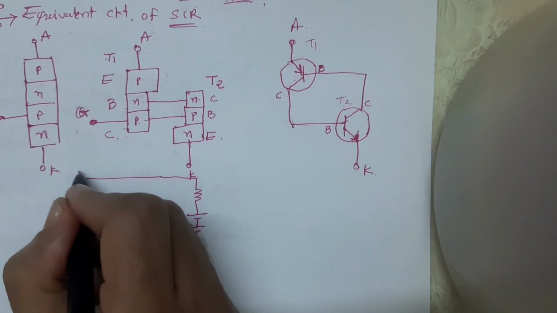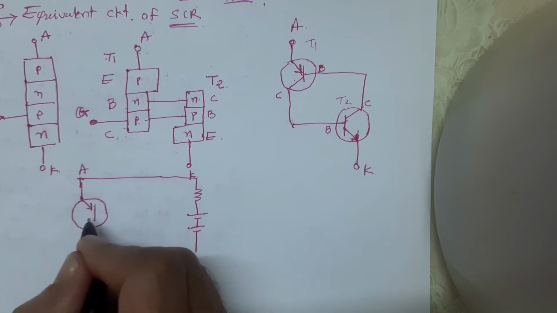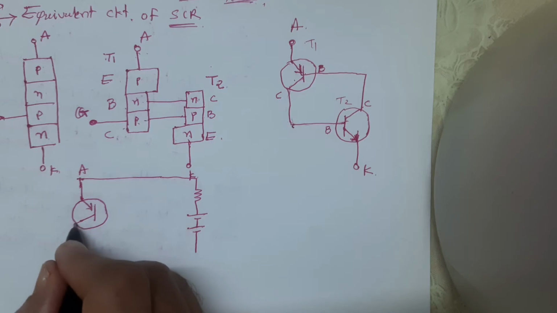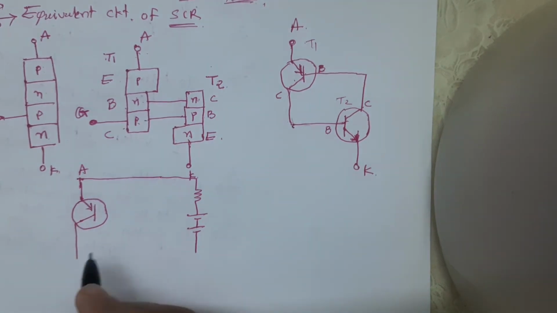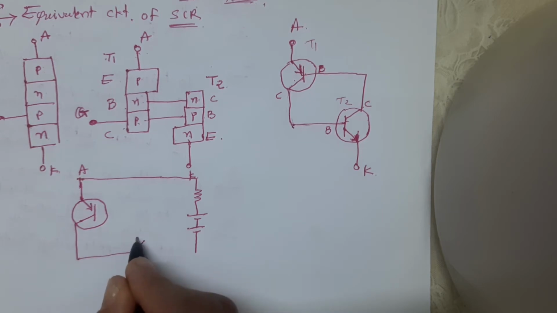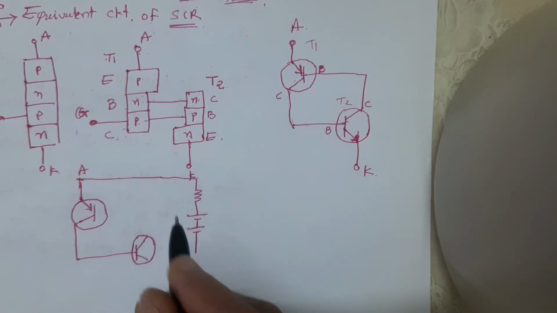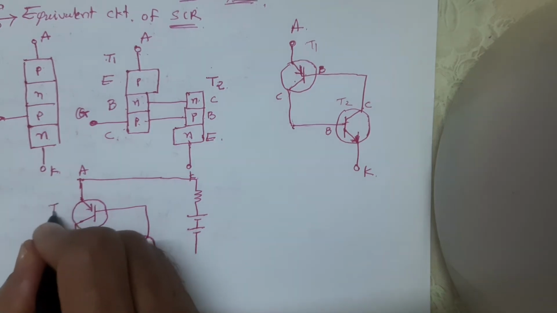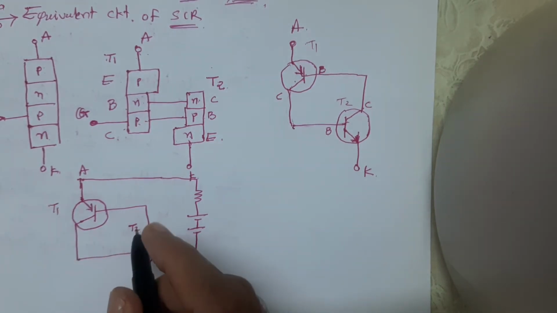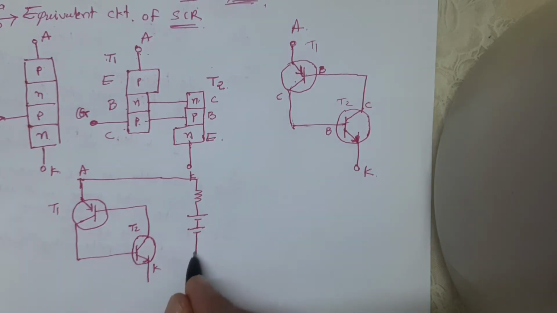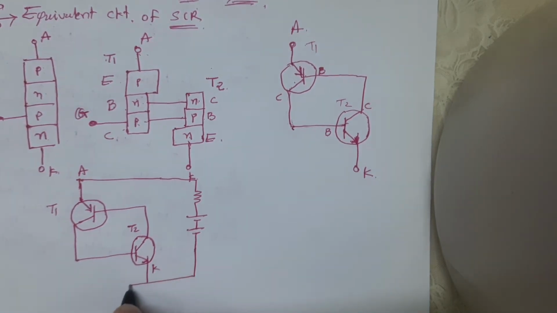That means this is your anode. This collector is connected to the base of the second transistor, and the collector of the second transistor is connected to the base of the first transistor. This is transistor 1, transistor 2. This is your emitter, it is nothing but your cathode, and this is connected to the cathode.